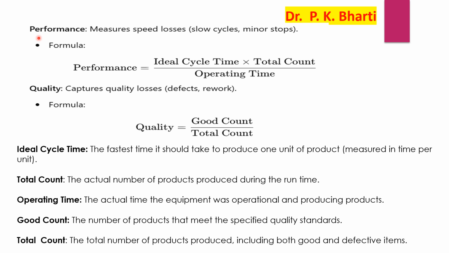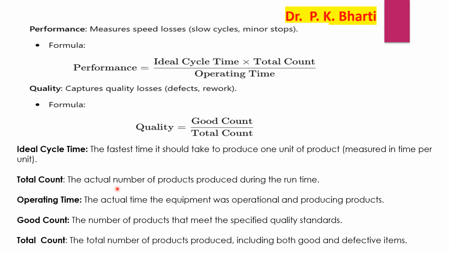The second factor, performance, measures speed losses, slow cycles, and minor stops. The formula for the performance is ideal cycle time into total count upon operating time, while the formula for quality is good count upon total count. Ideal cycle time is the fastest time it should take to produce one unit of the product, measured in time per unit.